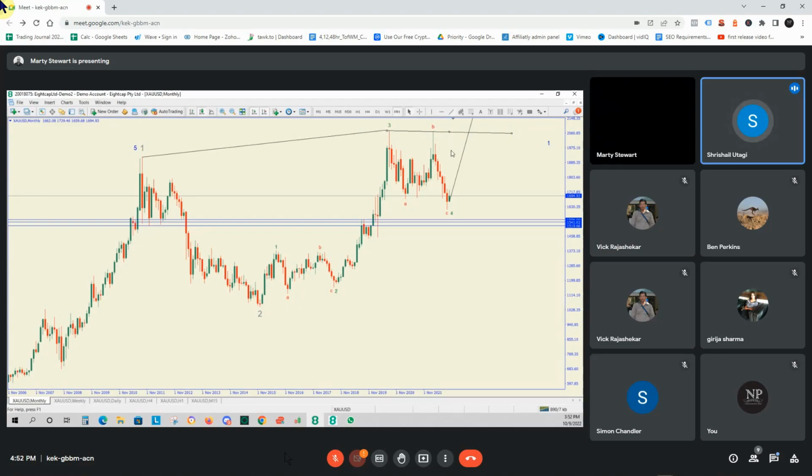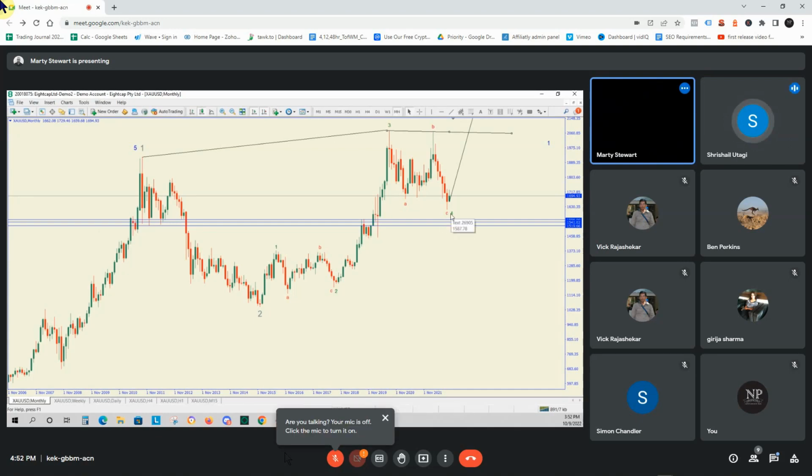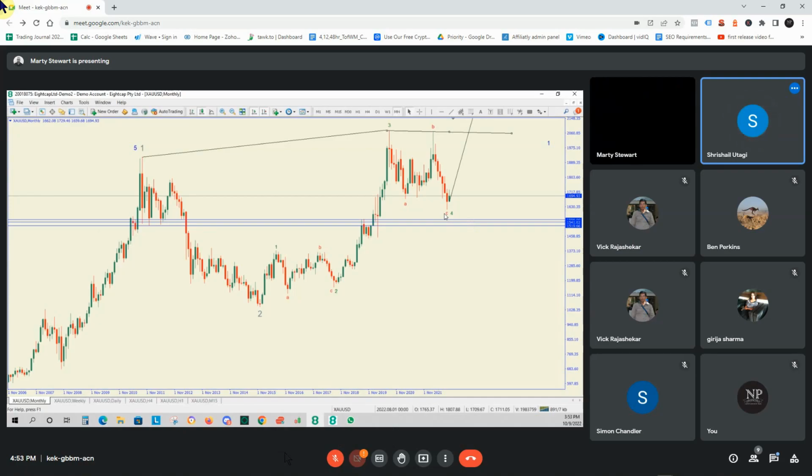I mean, for example, right now, where the C is, okay, C and 4. Why do you see that as a support at the moment? Let's say C as a support.